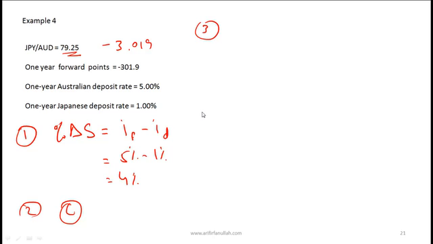Now recall from our earlier discussion, if we are predicting future spot rate based on forward points, then effectively we are assuming that uncovered interest rate parity holds. And for uncovered interest rate parity to hold, the speculators or the investors must be risk neutral. So the correct answer for question 3 is A.